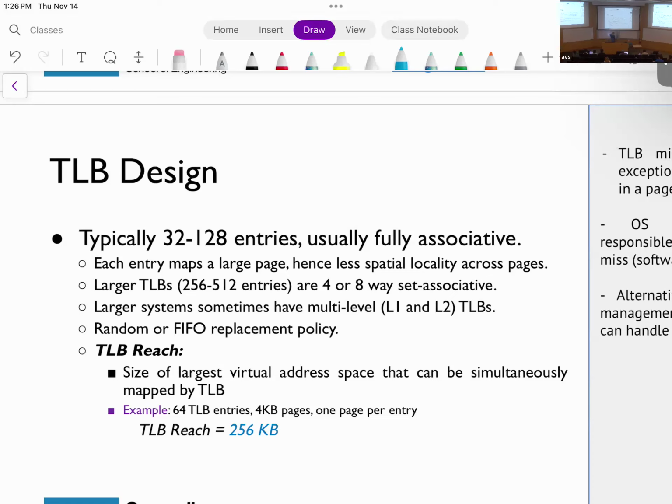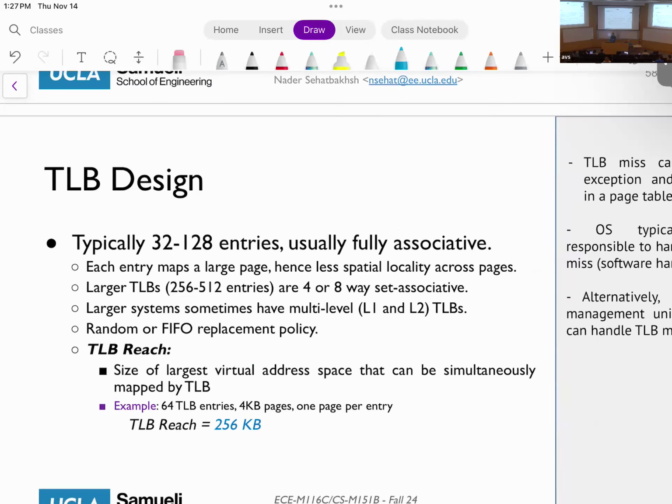Because for many large programs, if you allocate consecutive addresses, then you can technically have all of these in your TLB and run without any hiccup, so every access becomes a TLB hit. But you are limited by how many entries you have in your TLB. For example, you can have, let's say, 256 kilobytes of TLB reach, or something like that. So again, this is mostly useful for large programs.